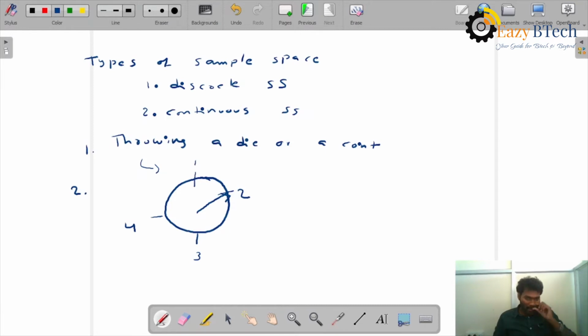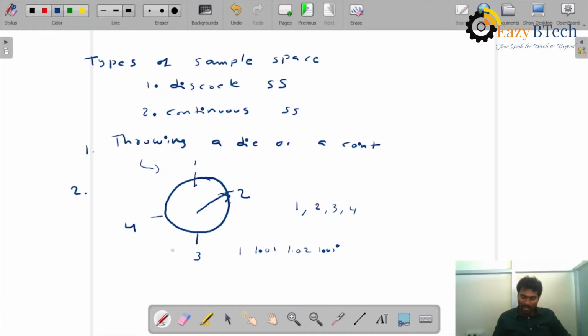This needle is not constant, it is moving continuously. It can stop anywhere between 1 and 2. You cannot say that the needle stops only at 1, 2, 3, 4. It can stop at 1.01, 1.02, 1.05, whatever it may be, different values.